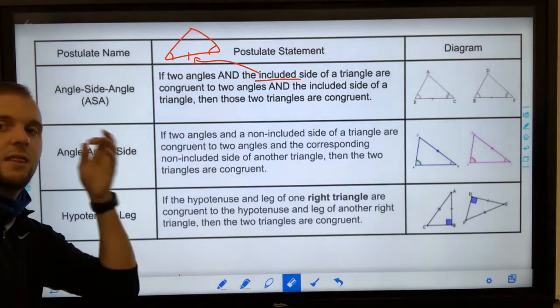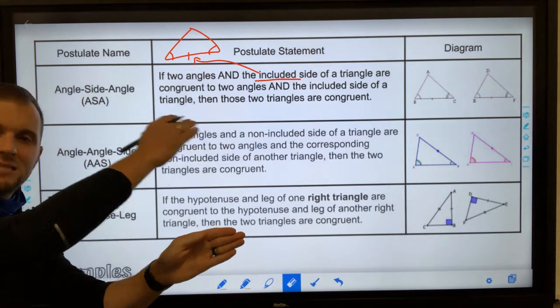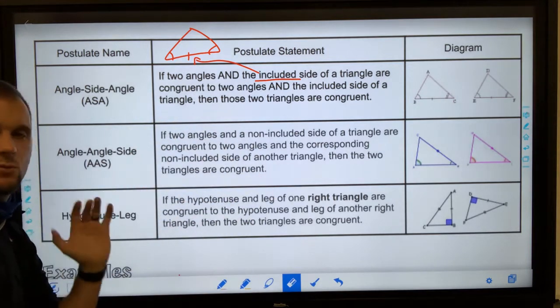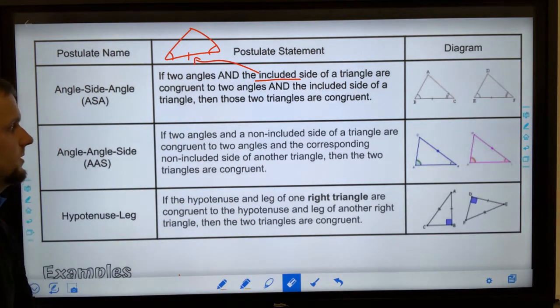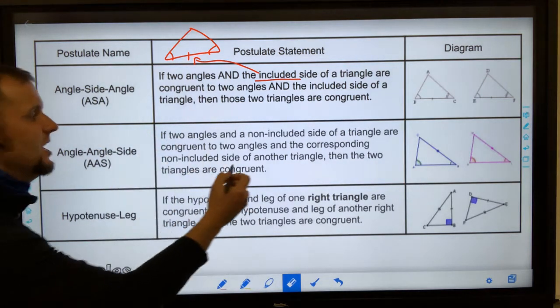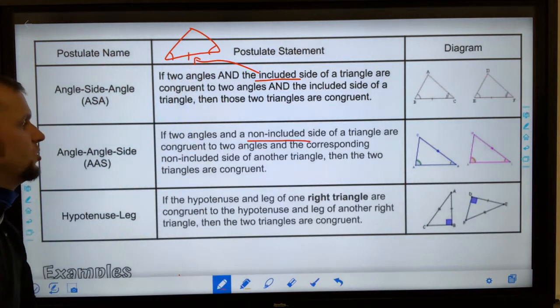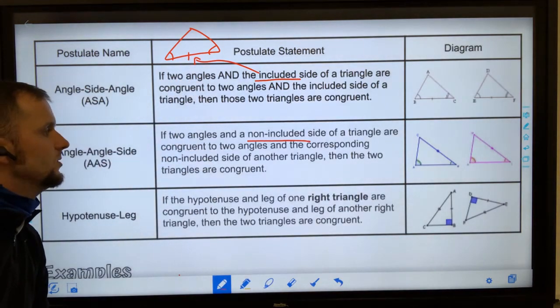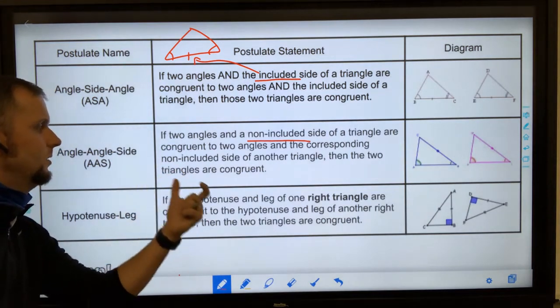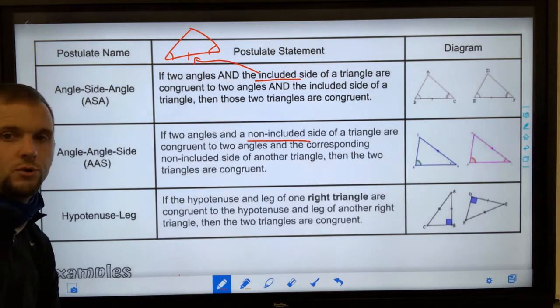The next one is angle, angle, side, so AAS. Again, the order does matter. You have two angles, and then a side congruent, and that's what makes those two triangles congruent. By definition, if two angles and a non-included, meaning not in between, side of a triangle are congruent to two angles and the corresponding non-included side of another triangle, then the two triangles are congruent to each other.